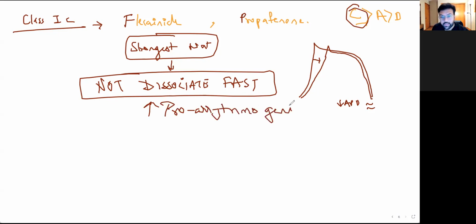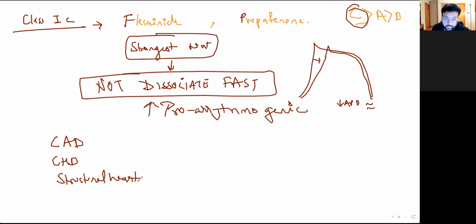That's why before prescribing flecainide or propafenone, you have to rule out coronary artery disease. You have to rule out any congenital heart disease. You have to rule out any structural heart disease. Rule out everything. If there is anything, don't give these drugs. If you give them, they are proarrhythmogenic, and that can increase the mortality.